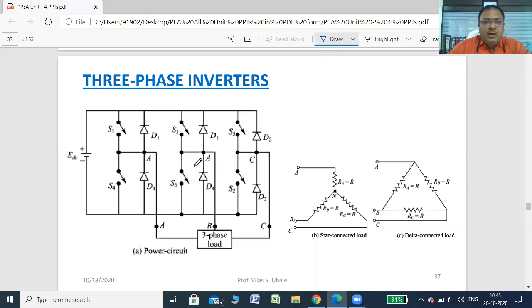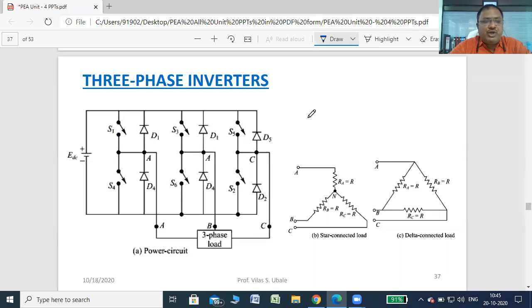One more thing: every device, whether a power BJT or power MOSFET, requires a triggering circuit. The triggering circuit is not shown here for simplicity, to avoid complexity in the circuit diagram. Protection circuits are also required, and they are also not shown in the figure.